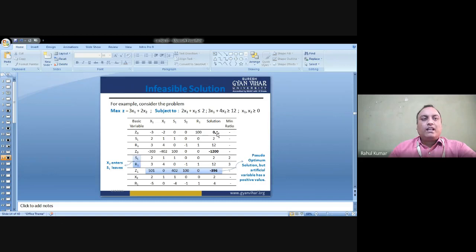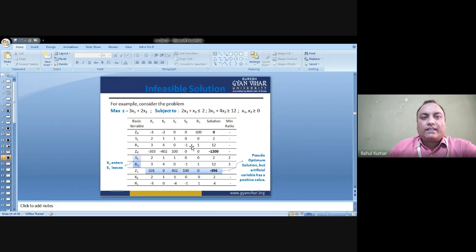And this solution is 0 here. Then for s1 the row is 2, 1, 1, 0 and 2. And similarly for the next case, r1 is 3, 4, and the slack variable 0, and this minus sign on the slack variable comes from the reversed sign, since this is a greater than sign.